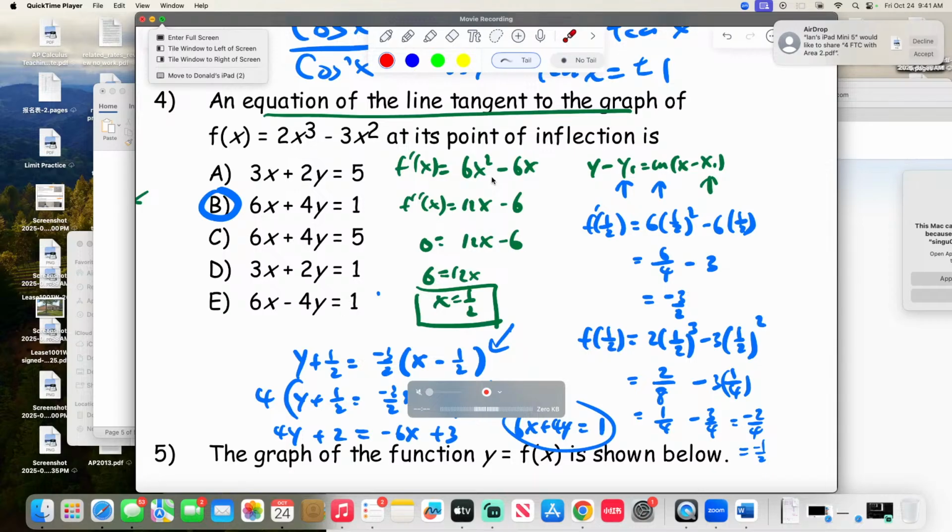We need to find the slope, so we plug 1/2 into the derivative, and we plug 1/2 into the original function to find the y value. Once you get to this part, you have this, but it's not done yet. Unfortunately, they want the answer in standard form, so this requires that much work.